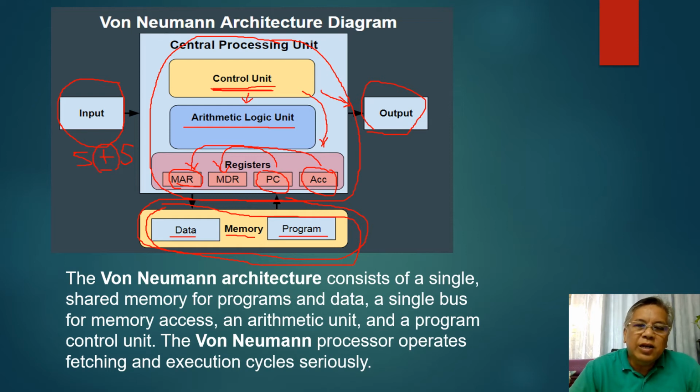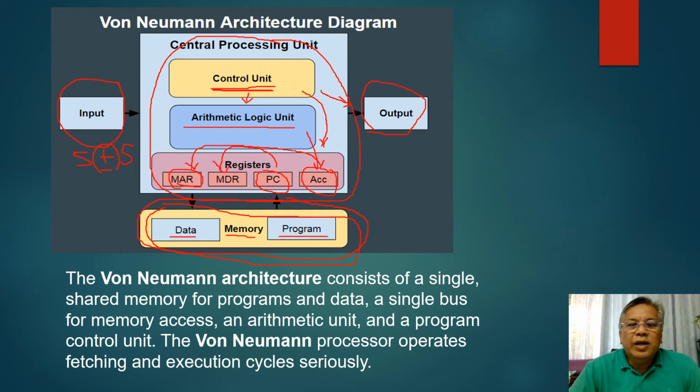Then, as we know, your arithmetic logic unit contains the so-called binary or a logic circuit that can add, subtract, multiply, or divide a particular number. Now, the result of your arithmetic logic unit will now then be temporarily stored into your accumulator.